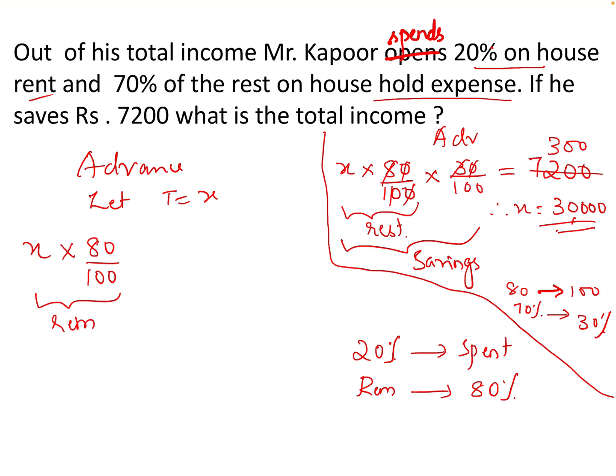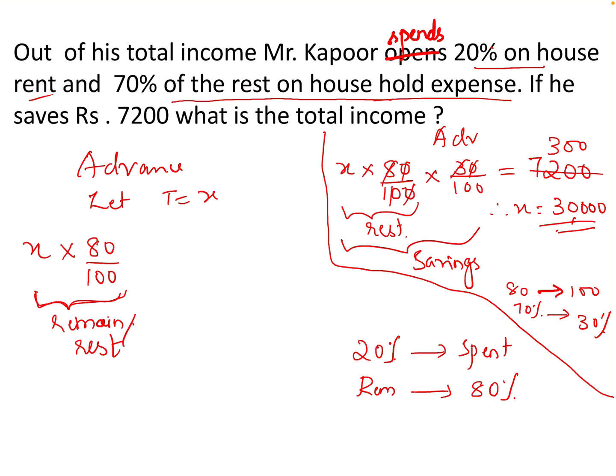Because why we are doing this? Because in the next statement they are saying 70% of the rest is spent on household. So 70% of the rest is how much? If we take this remaining, this will give us the rest.